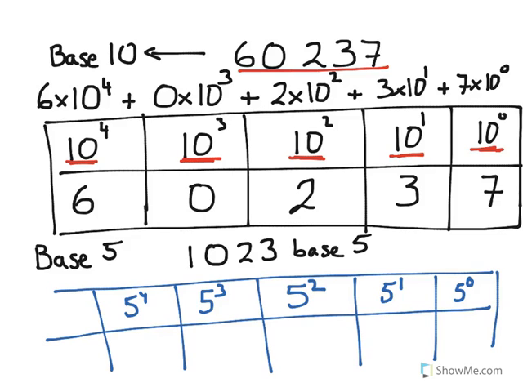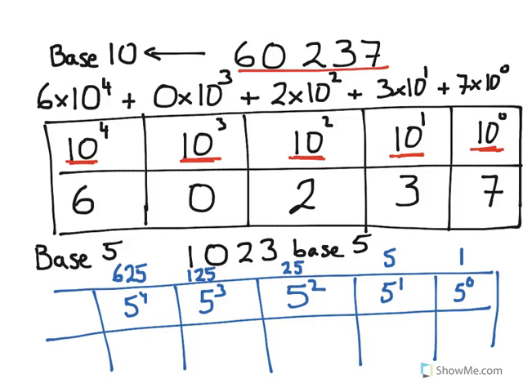And then what do we have to think that these ones represent? Well, the 5 to the power 0 represents the number of ones that we have. The 5 to the power 1s represent the number of 5s. The 5 to the power 2s represent 5 squared, which is 25. 5 to the power 3 represents 5 times 5 times 5, which is 125.